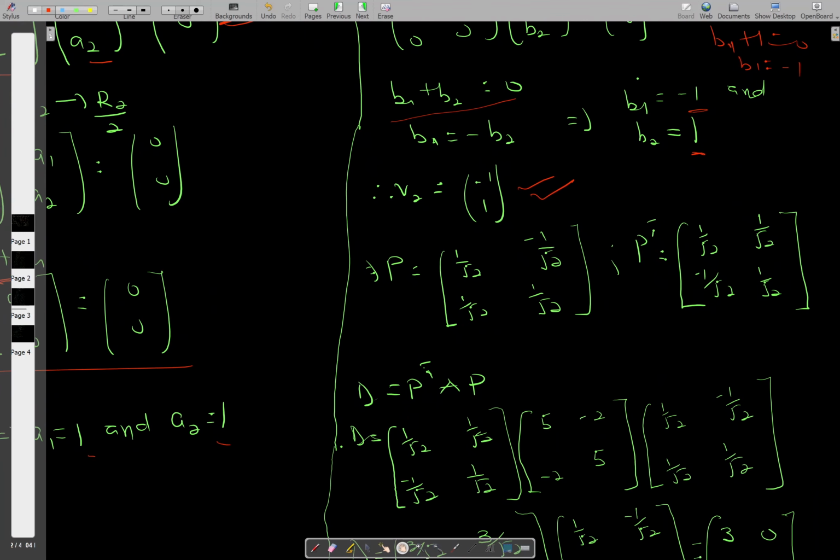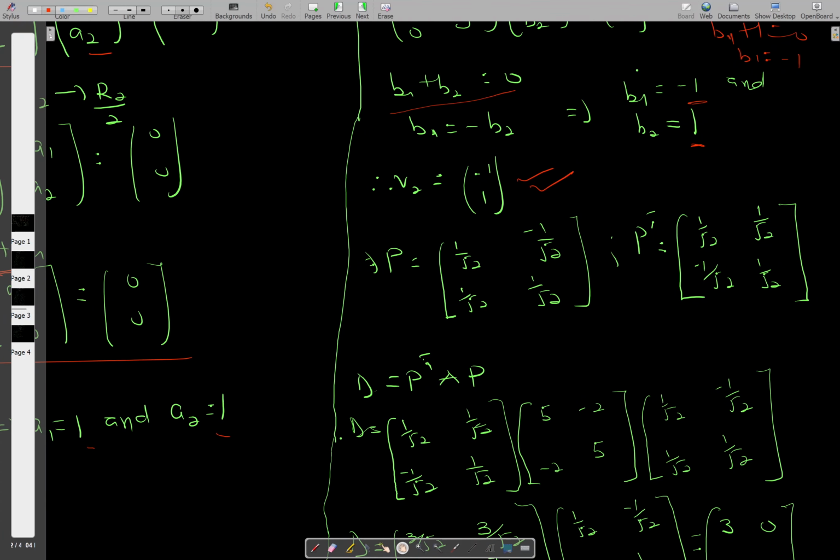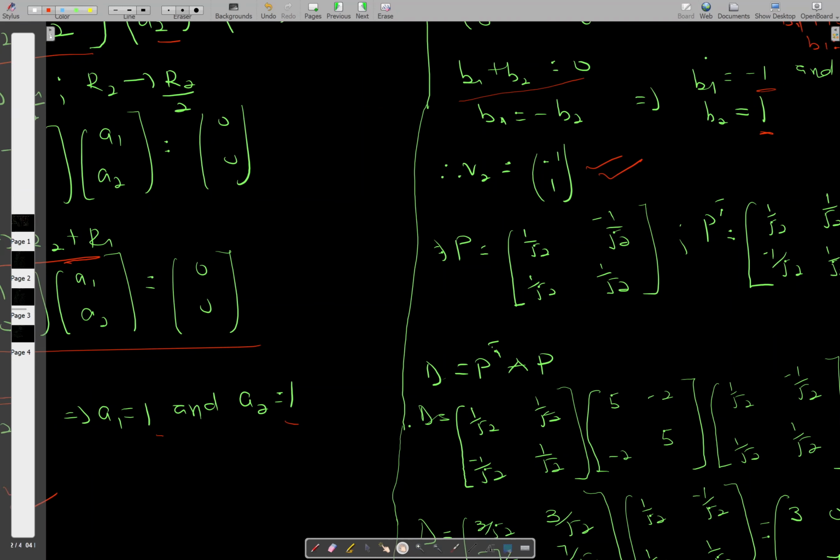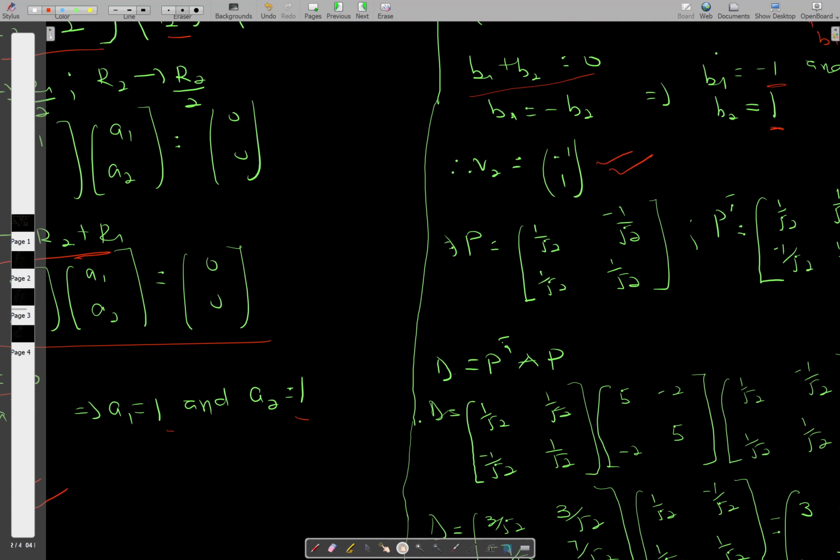Okay, and P, I said earlier that the columns of P are the normalized eigenvectors of matrix A. So first eigenvector was 1 1. When you normalize it, that will be 1 over root 2, 1 over root 2. That's what we have here.